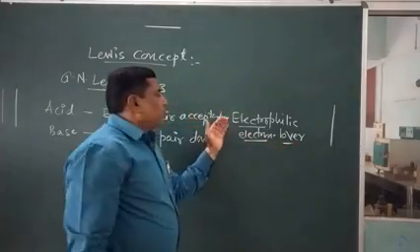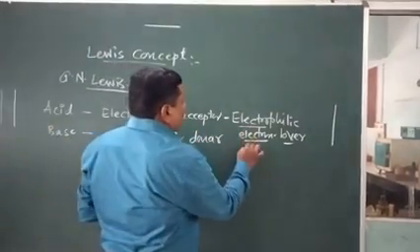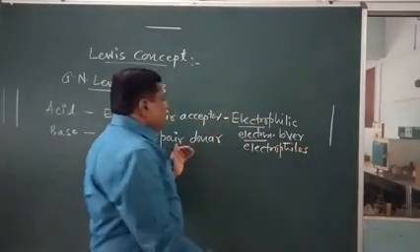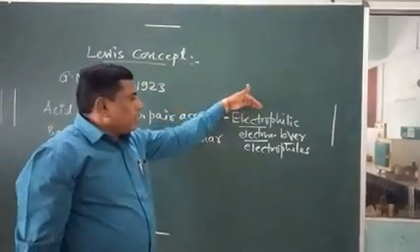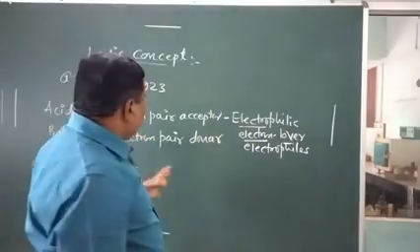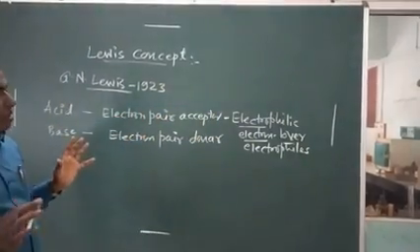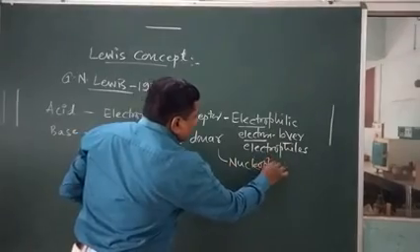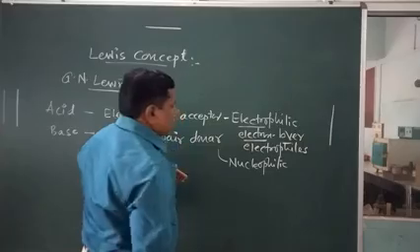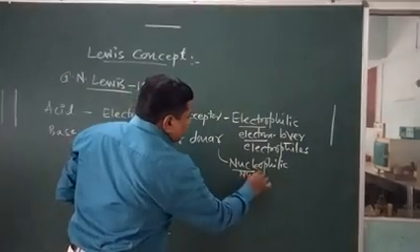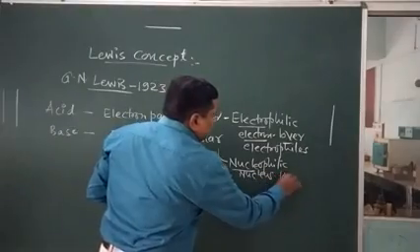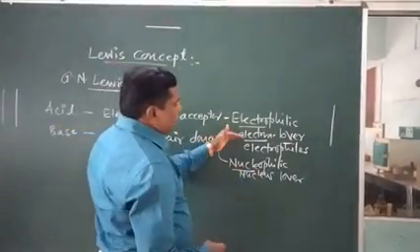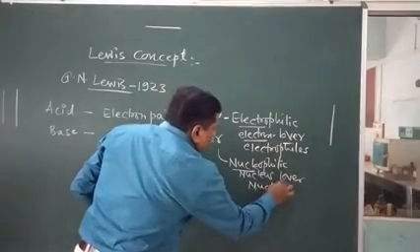These are called electrophilics, and generally electrophiles. So acids are called electrophiles, and the electron pair donor substances are called nucleophilic substances. Nucleophilic means nucleus lover, that is, nucleophiles. It is electrophiles, it is nucleophiles.